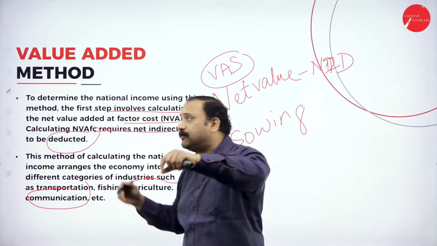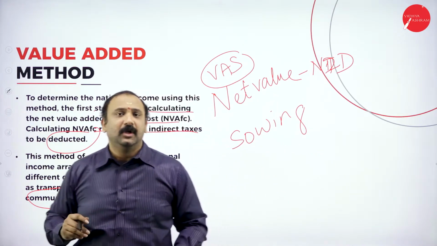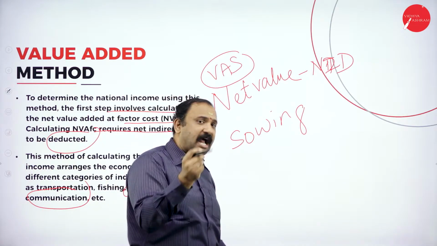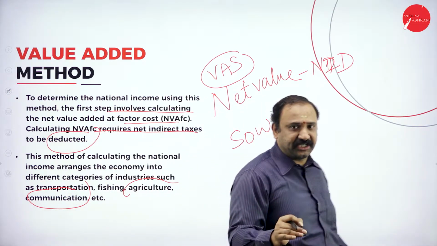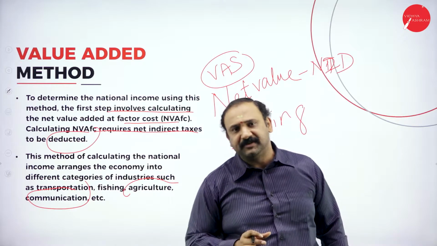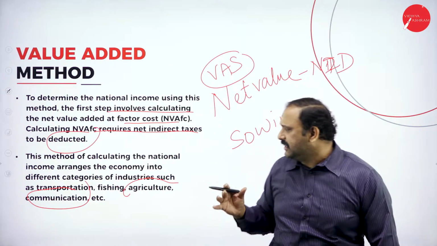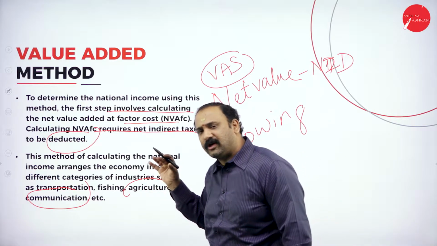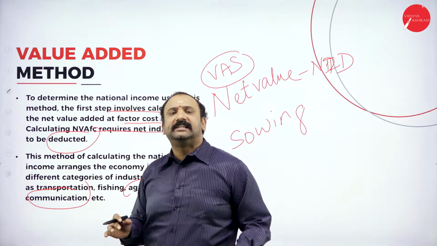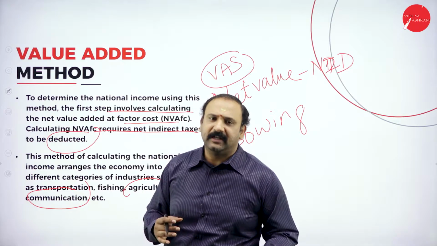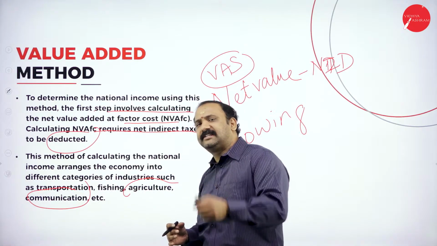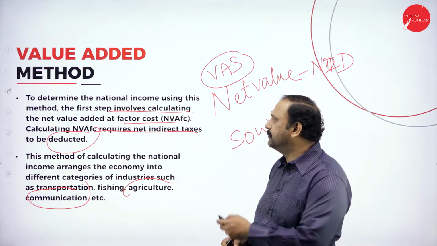That's exactly where we are coming back to this scenario. When you start adding packages in terms of streaming services, automatically the income starts going up. So these are the areas where you will see that the value added method really creates an impact on national income accounting.